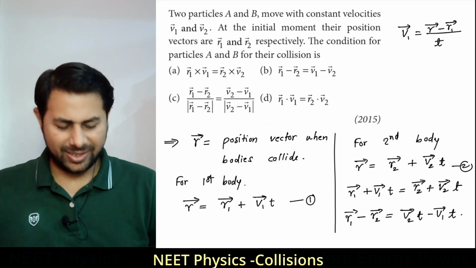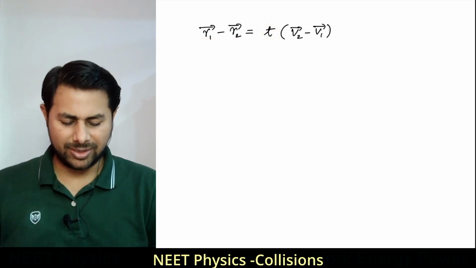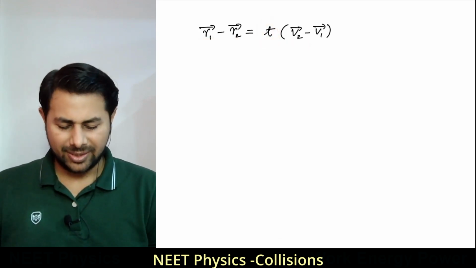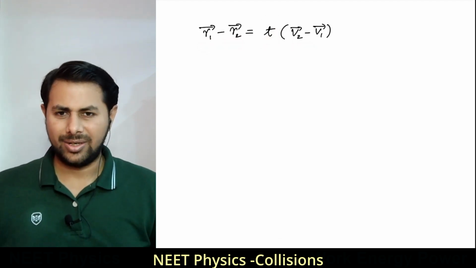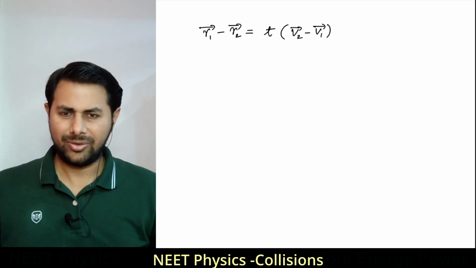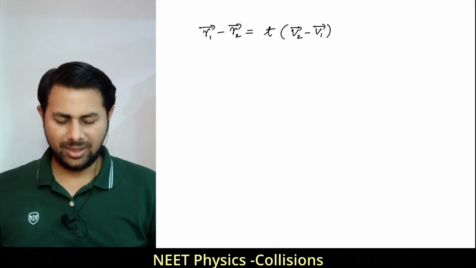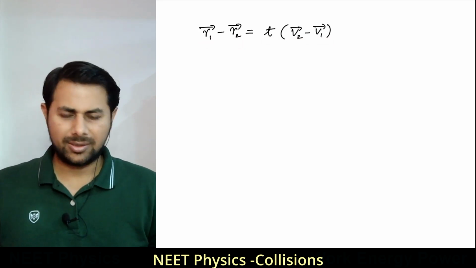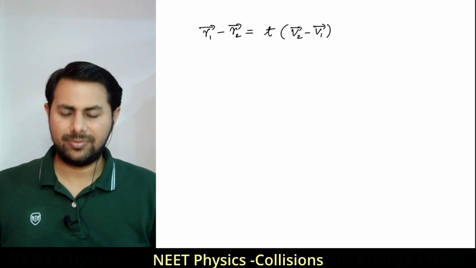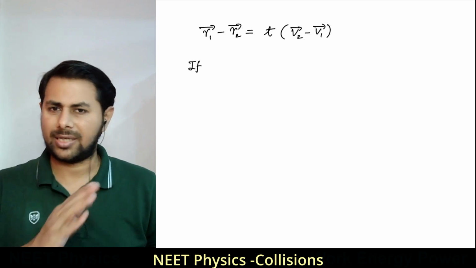Then what we can say is, see this vector is equal to some constant multiplied by this vector, and therefore you can say that this vector and this vector are parallel to each other, and if two vectors are parallel, then their unit vectors are equal, right? Unit vectors are in the same direction.